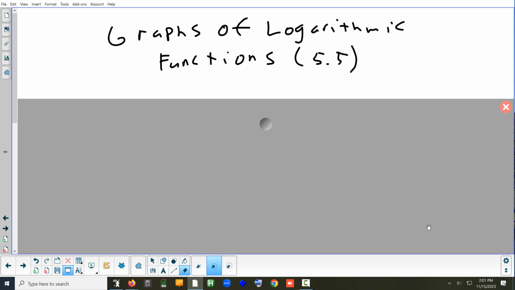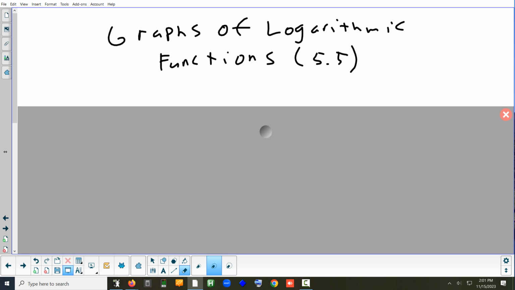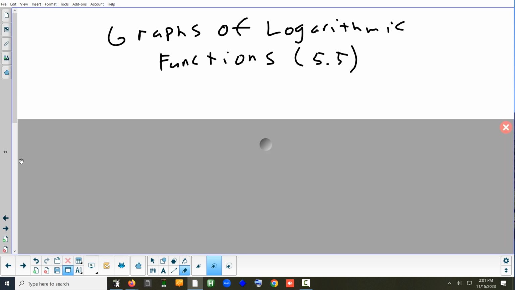All right. So the last thing that we look at with logarithms is drawing them. Okay, drawing a picture of what they look like. So we've talked about logarithms that have something like that. And I keep telling you, there's a way you can type that in on the calculator.